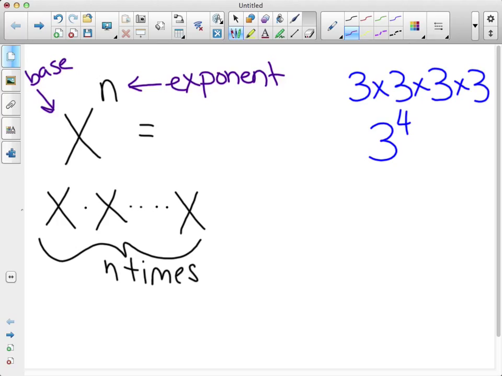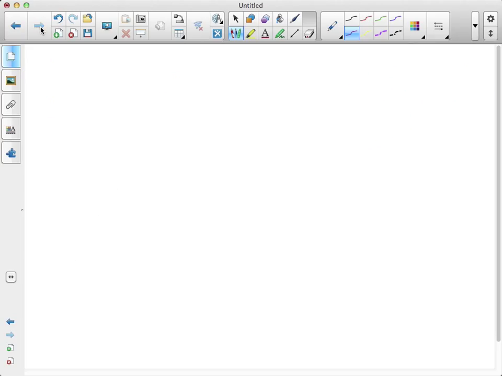We also want to note that sometimes we have negative numbers multiplied together over and over again. So if I have negative 2 to the 3rd power, it's important to always put parentheses around the negative number. It prevents ambiguity. It prevents me questioning, do you mean 2 to the 3rd power and then make it negative?